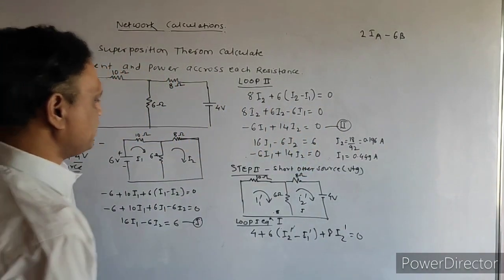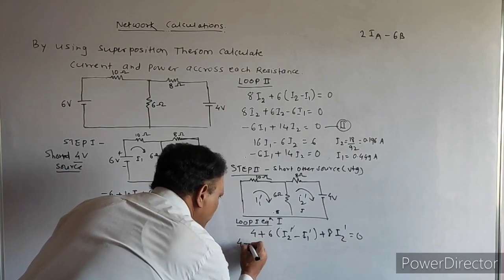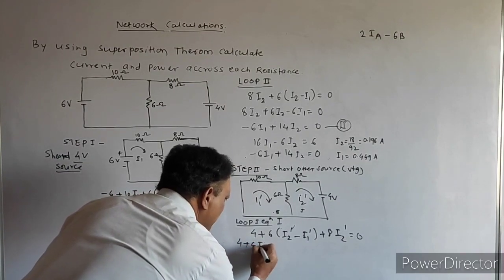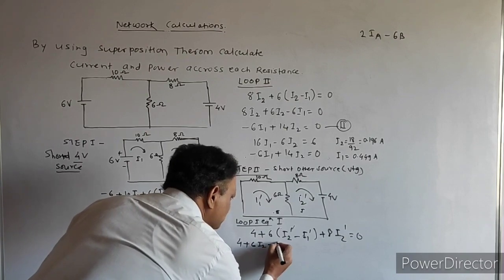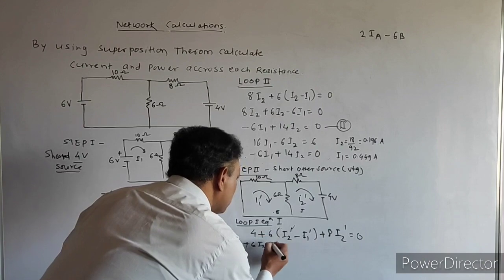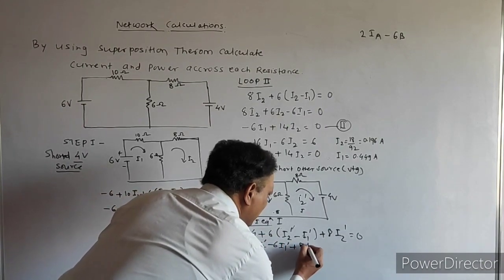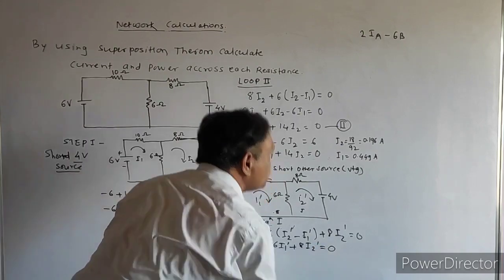If we solve this, we get 4 plus 6 I2 dash minus 6 I1 dash plus 8 I2 dash is equal to 0.